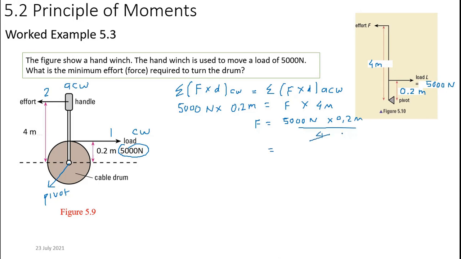We can cancel it, it should be 0.1. 0.1 multiplied by 5,000 is 500, divided by 2 is equal to 250. What is the unit? You can cancel unit meter, so the unit is Newton.